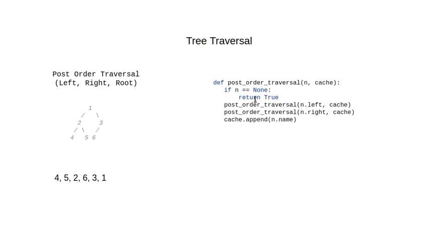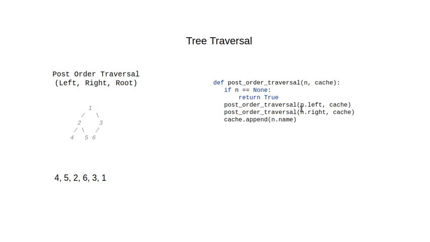So as usual for the tree problem, we always check if the root is none or not. If the root is null, then we simply return true. If not, then we call the recursive function, the same function, post-order traversal.